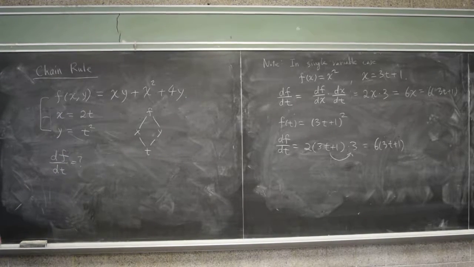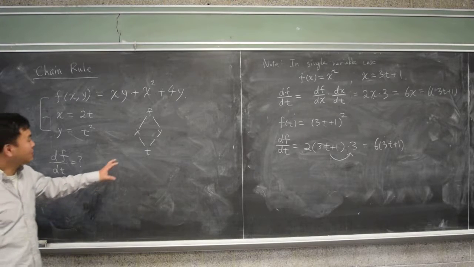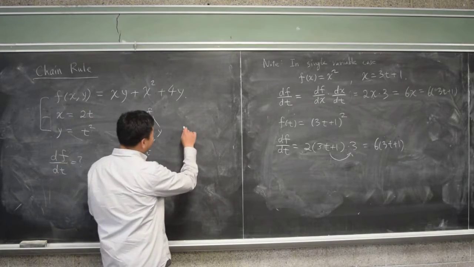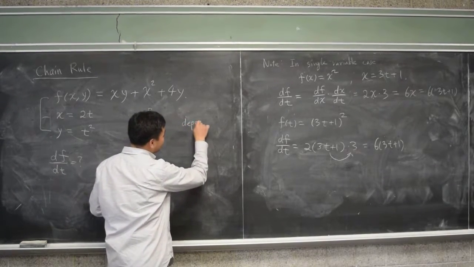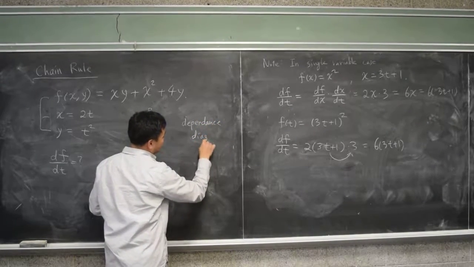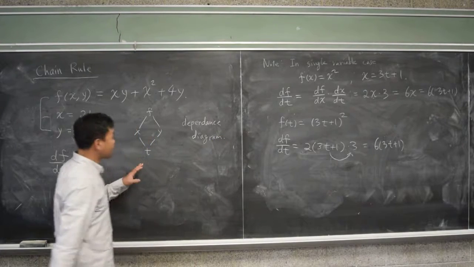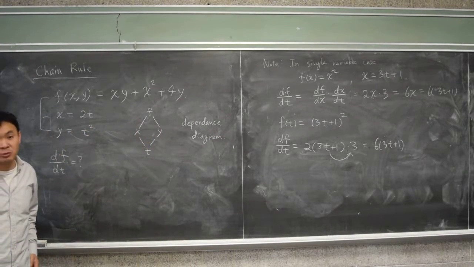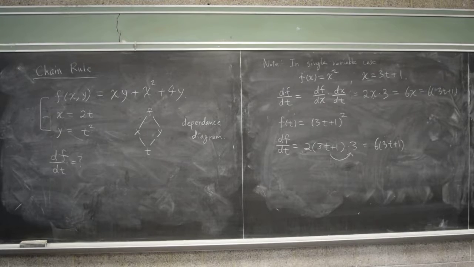So it's like this. By the way, this kind of diagram is called the dependence diagram, because it shows which variables depend on which.